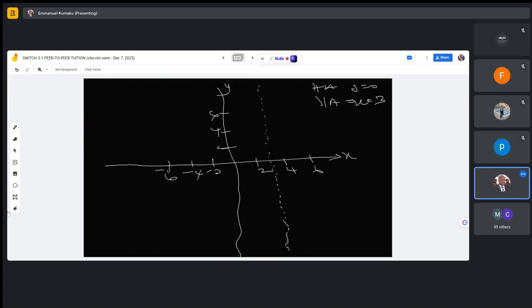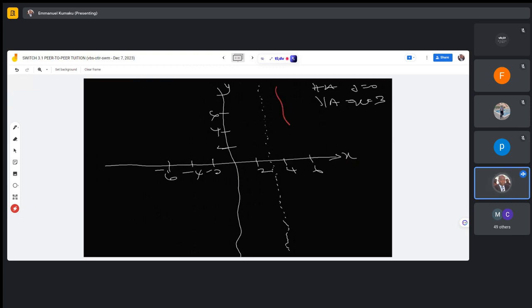Then our graph will have two parts because it does not cross the vertical asymptote. On the right side of the vertical asymptote, our curve can be here or here. Because this is an asymptote, it does not cross it.